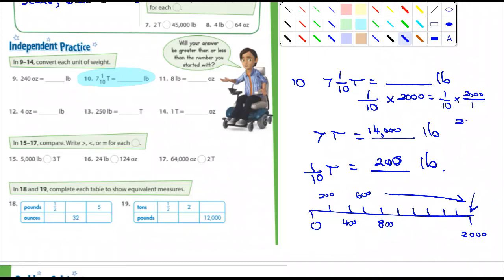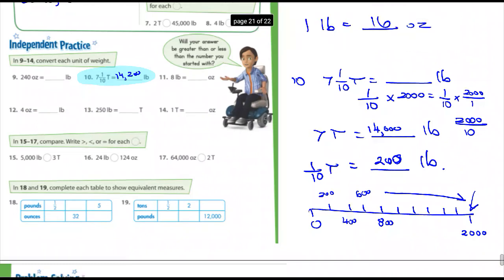So that would become 2,000 over 10, which is where we came up with the dividing, because in fraction form, it's 2,000 over 10. Okay? So lots of different ways to look at that and to solve that kind of problem. So what did we say here? 14,000 and 200 pounds. There's your answer to number 10. You should write it down.